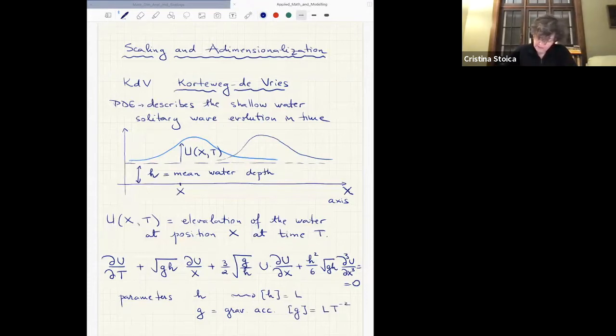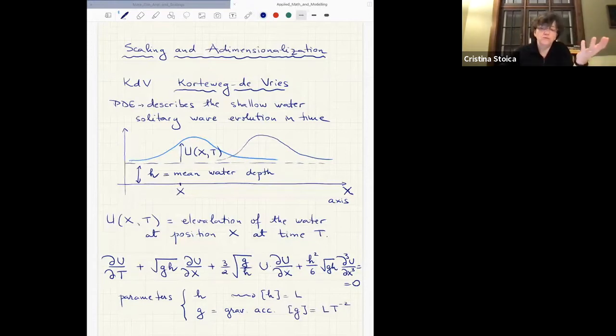So this is quite a PDE, right? It's a non-linear PDE. It's called the KdV equation, or Korteweg-de Vries, after the people who invented it. Now, having these parameters in the problem, we of course want to solve the problem.